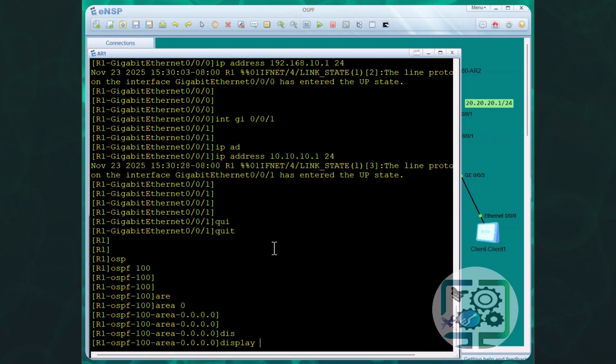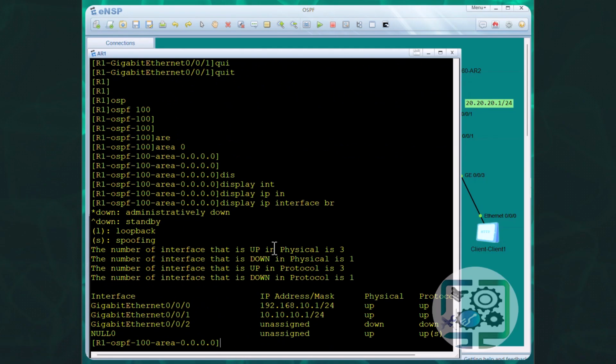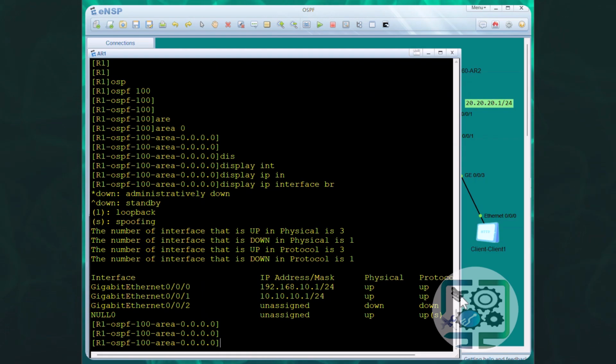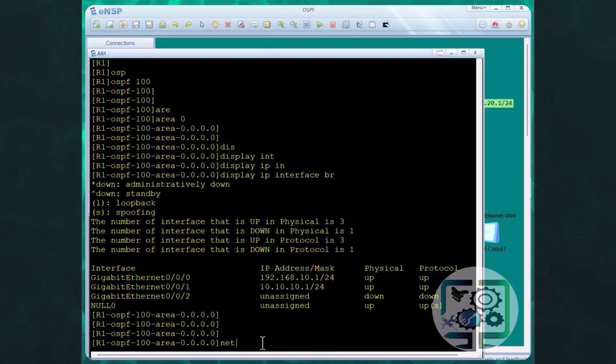So we can see our networks with display IP interface brief. We have two networks configured on these two interfaces, G0/0/0 and G0/0/1. See, both statuses are up. Now we will advertise the networks.